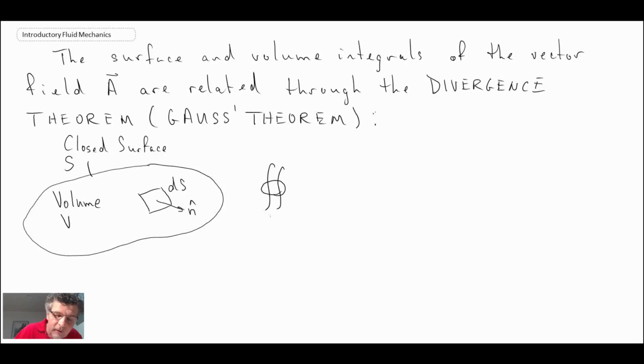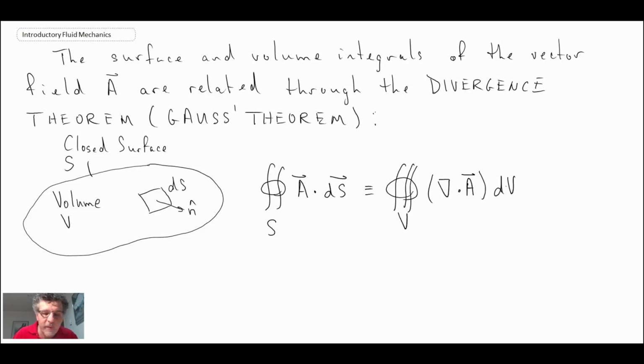Through Gauss's theorem, or the divergence theorem, what we can write on the left-hand side is a closed integral over the surface, and in this case, we're going to do the dot product of A with n dS. That is equivalent on the right-hand side to a volume integral, and the volume integral is going to be del dot A multiplied by the differential volume element within that volume.